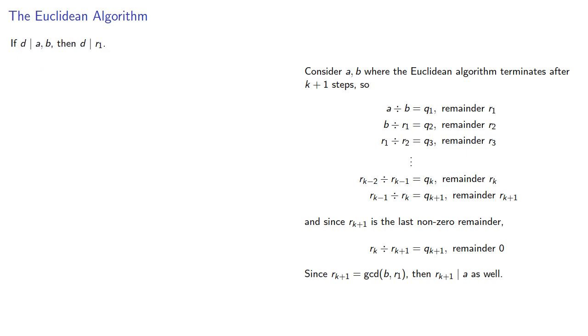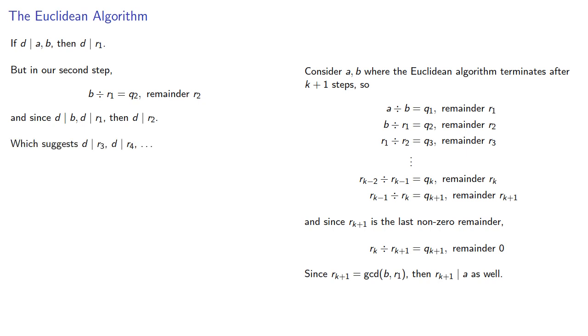So if D divides A and B, then we know that D divides R1. But in our second step, since D divides B and R1, it must also divide R2, which suggests that D divides R3, R4, and so on, which we can prove by induction, but we'll let you do that.